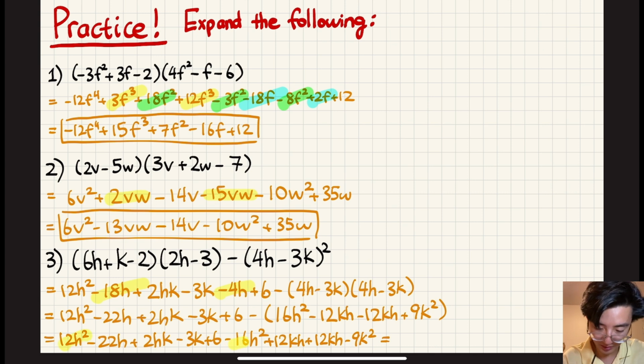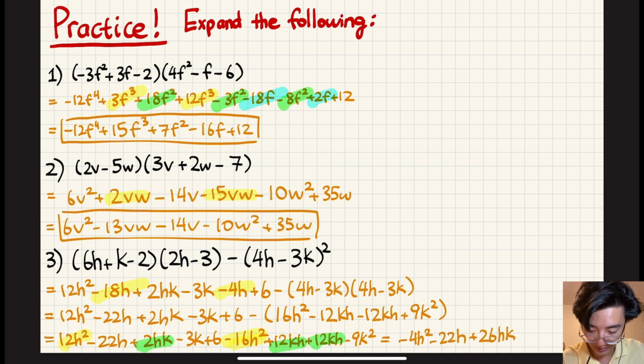So we got h squared here, minus 16h squared, and then we have hk, and actually surprisingly, that's all the like terms. Once again, so we have minus 4h squared minus 22h plus 26hk, minus 9k squared minus 3k plus 6.